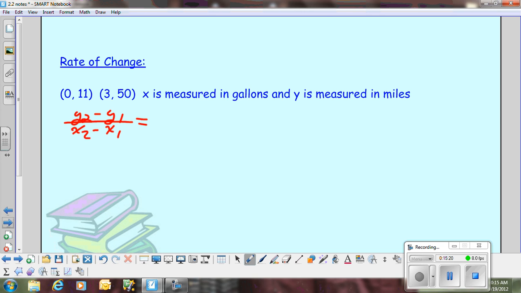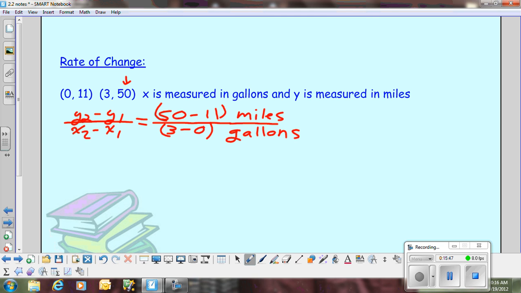I'll start with this one: 50 minus 11 for my y values, and 3 minus 0 for my x values. Since they gave me units here, I'm going to include the units. Y is measured in miles, x is measured in gallons. Remember, if it's a fraction, miles over gallons, that's miles per gallon.